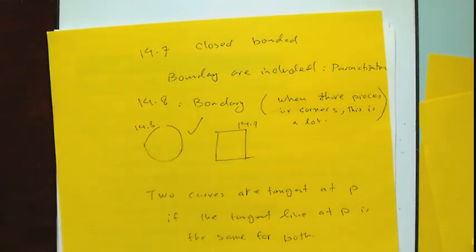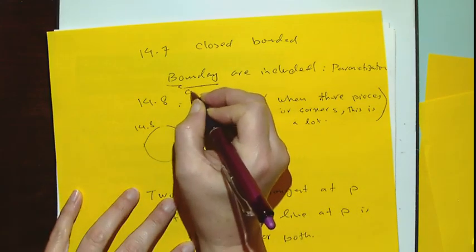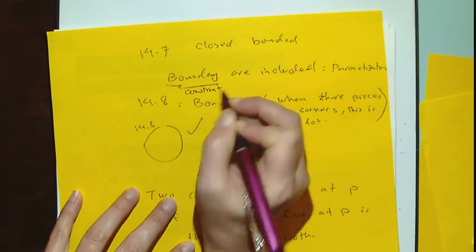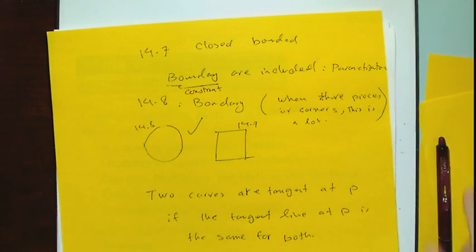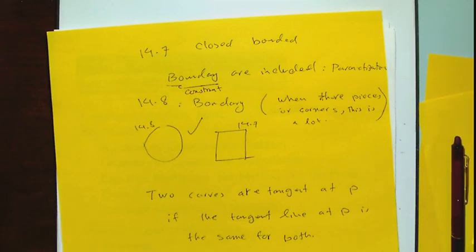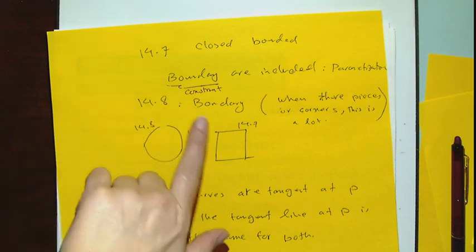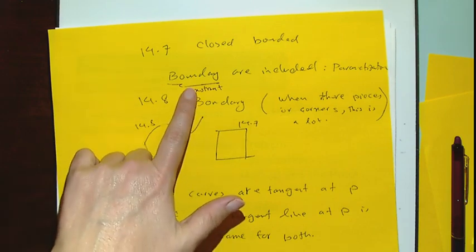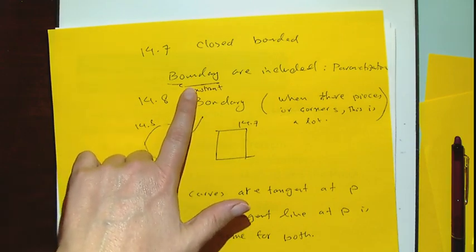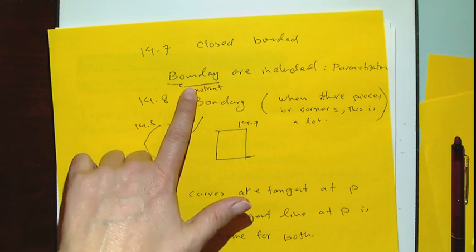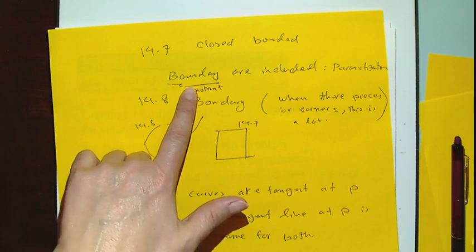Can anybody tell me another name for boundary? Constraint. So boundary curve or constraint function. So if there is a local extrema on the boundary, then the level curve of the objective is tangent to the level curve of the boundary at that point. So that's what it does.